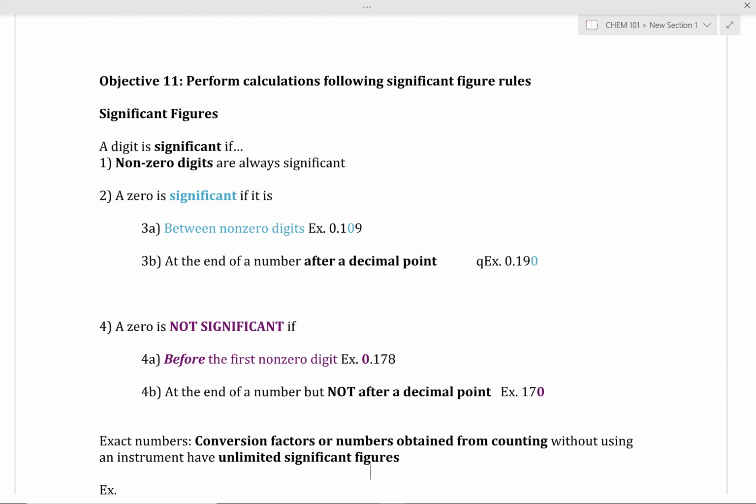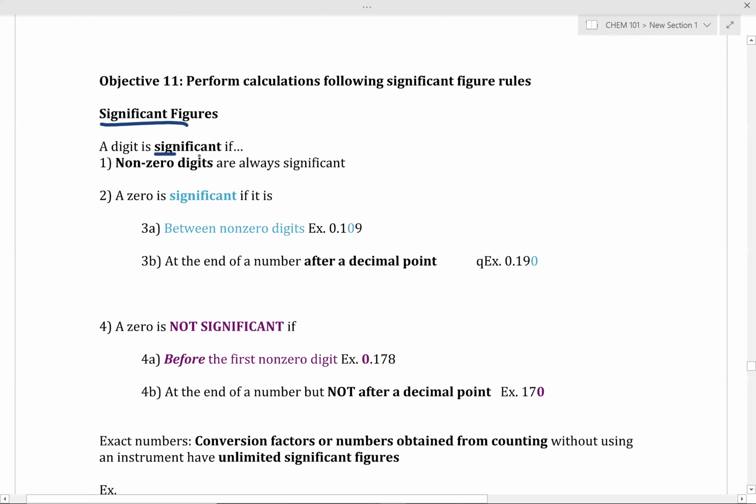This class session, we're going to look at different measurements, different numbers collected throughout the course of performing chemistry and how to assess what digits are significant, what digits are not significant, and how do we handle numbers and calculations respecting significant figures. Okay, so let's talk about significant figures.